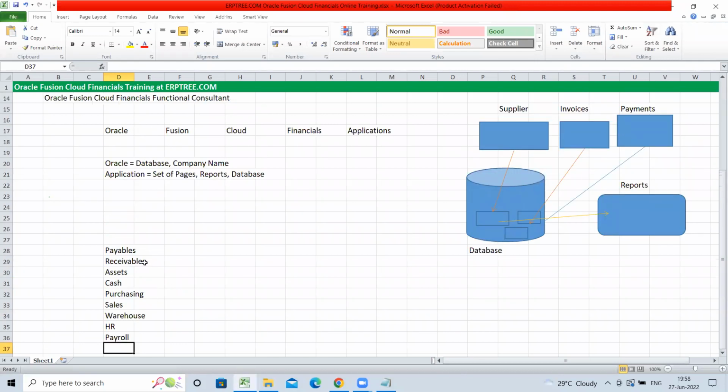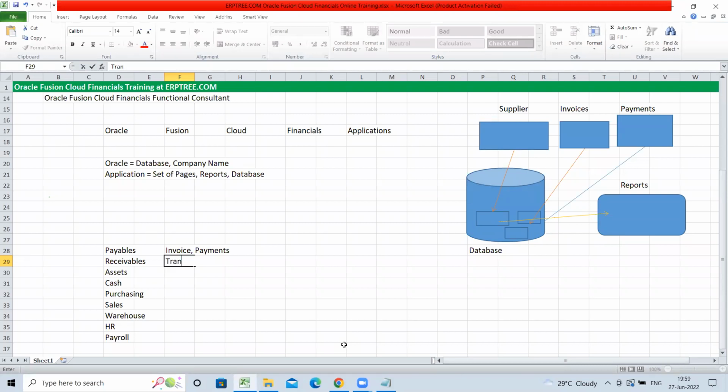So those different departments are classified. If you take all these departments here, which departments are dealing with the money? What ideally does the payables department do? The payables department is responsible to record the invoices and they process the payments to suppliers. The receivables department's job is they maintain the invoices or they do the billing.